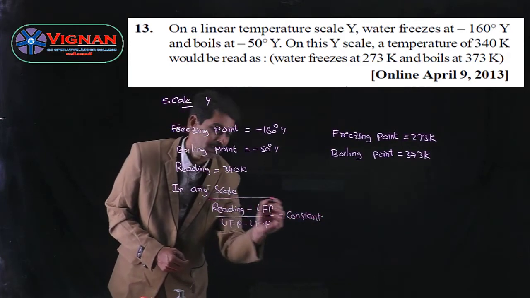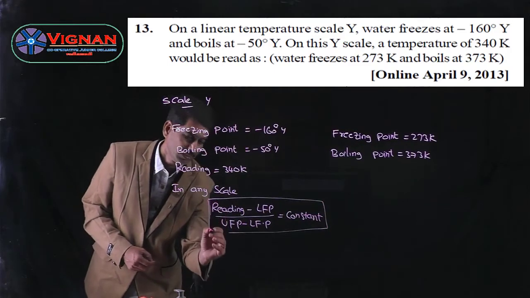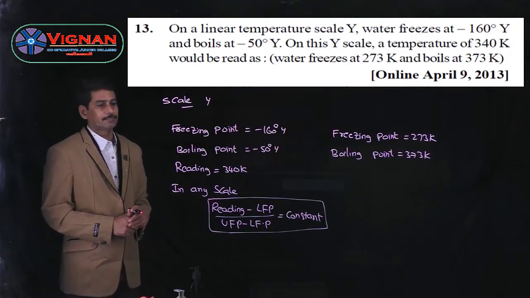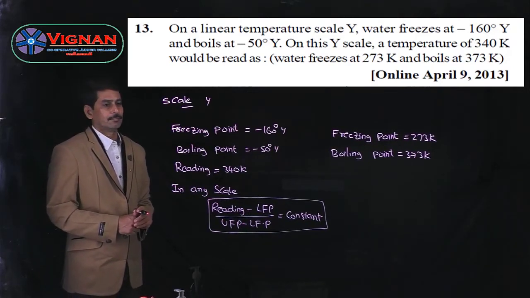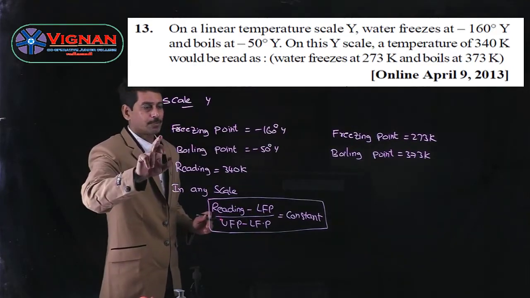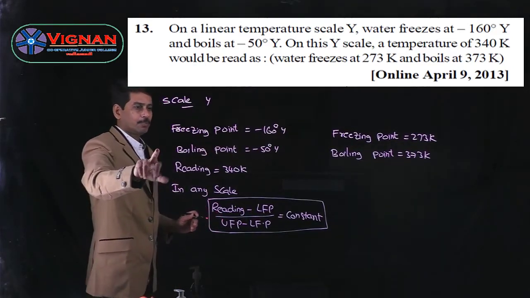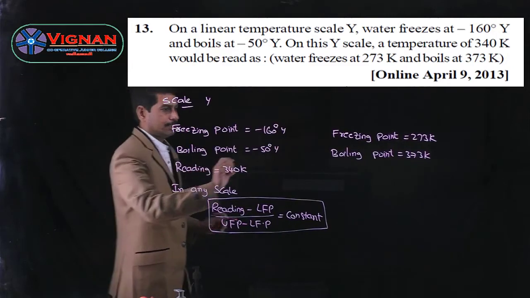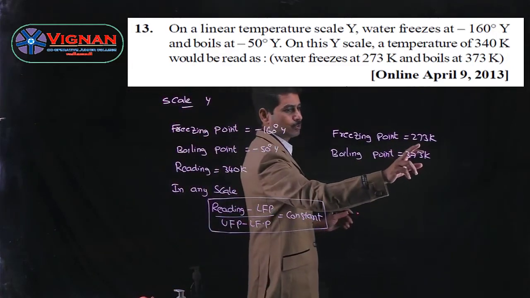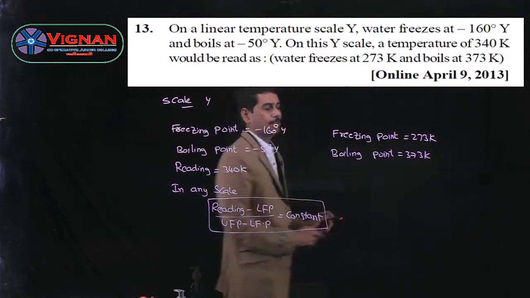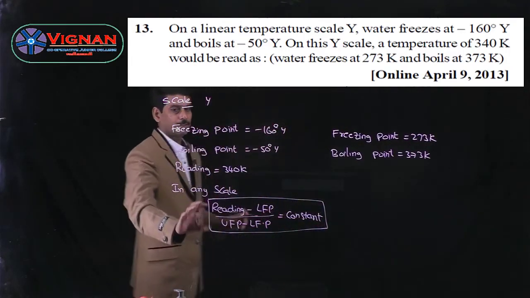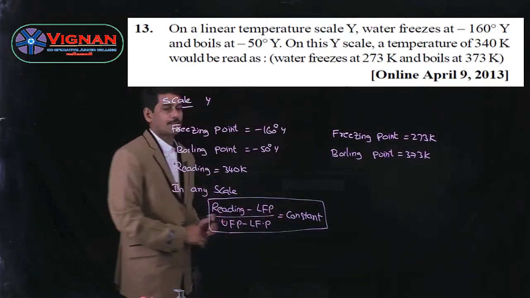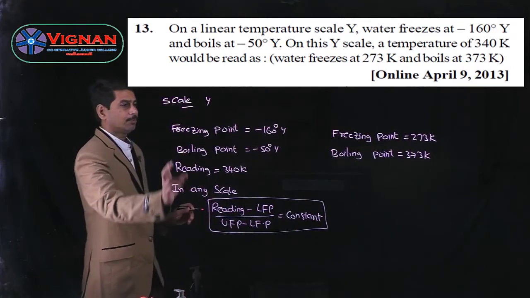So in the scale Y, the lower fixed point is -160 degree Y and the upper fixed point is -50 degree Y, whereas the reading is 340 Kelvin. Whereas in the case of the Kelvin scale, the lower fixed point is 273 and the upper fixed point is 373. So in both the scales, reading minus lower fixed point divided by upper fixed point minus lower fixed point remains constant. So apply this formula in both the scales.